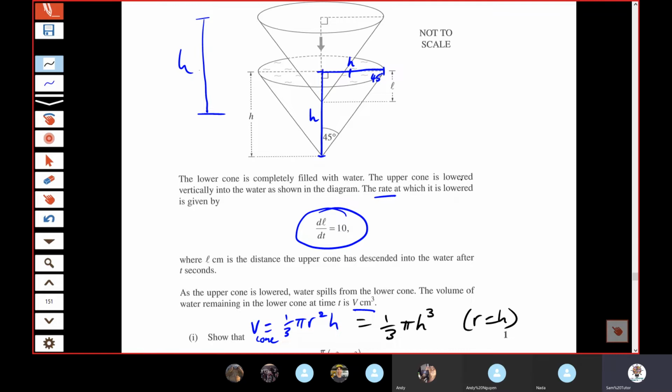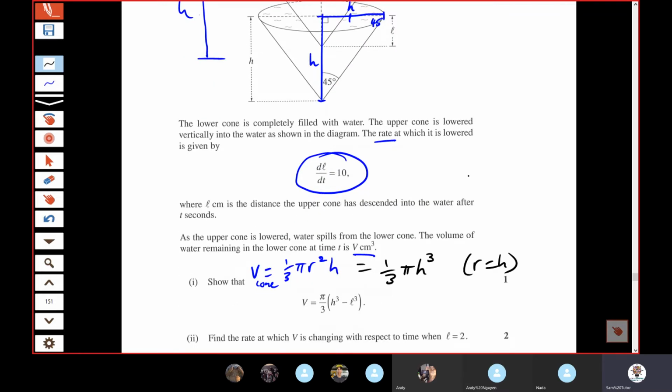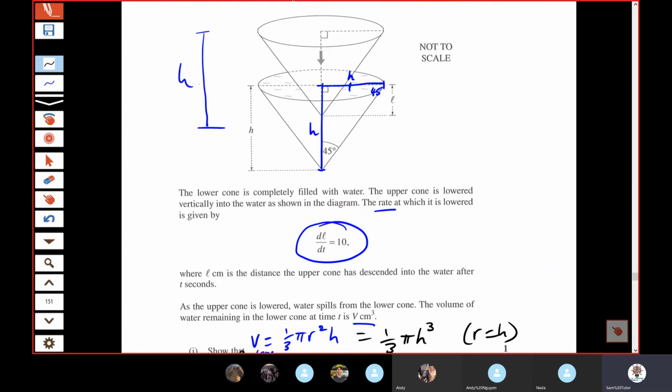Any questions? Okay, and then obviously the volume of the small cone equals 1/3 pi r squared L, where L is your length here. But again, that's L. What should your radius be? Because if that's 45, this guy's also 45.